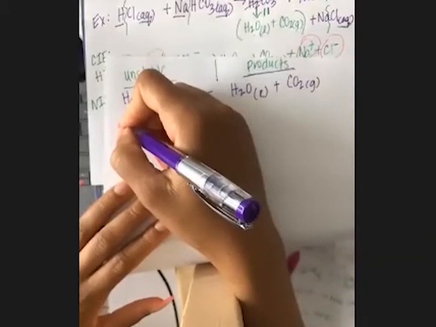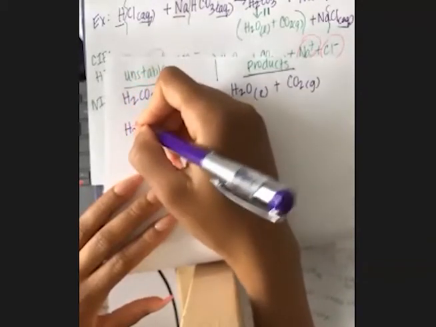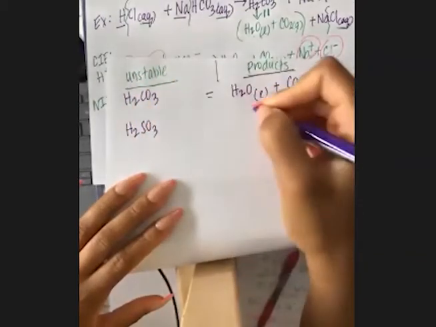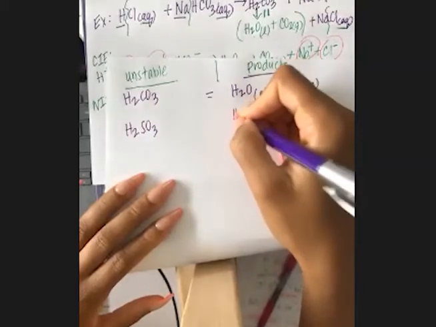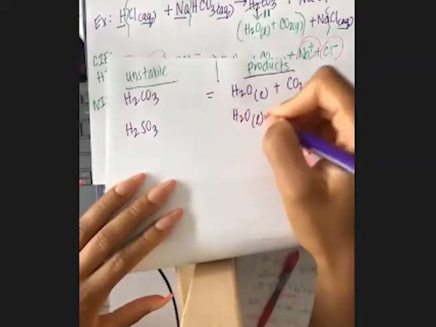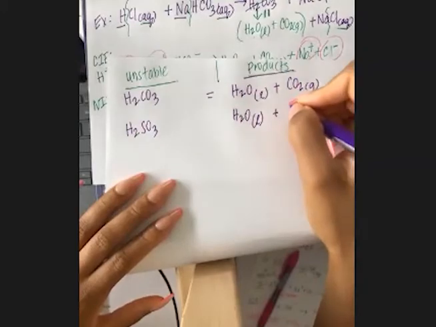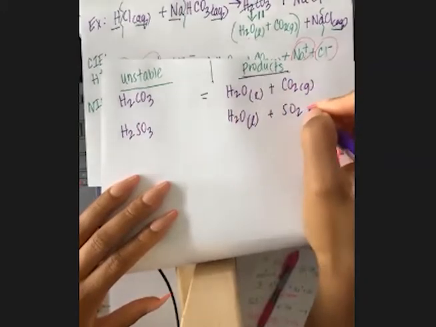Anytime we see sulfurous acid, H2SO3, it's going to break down to liquid water and SO2, sulfur dioxide gas.